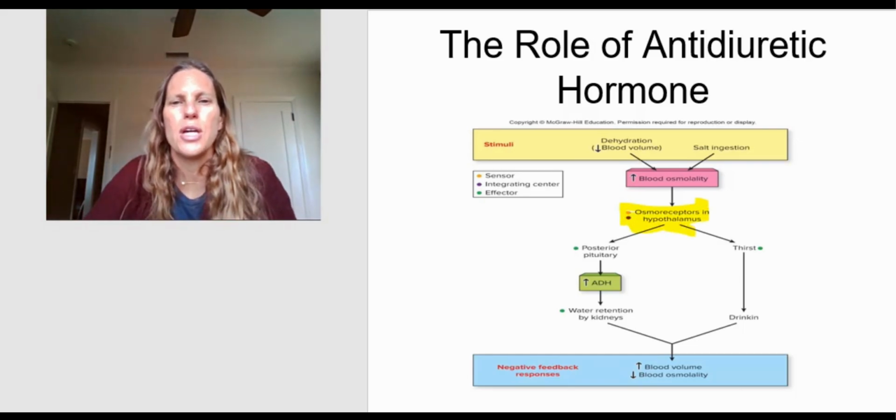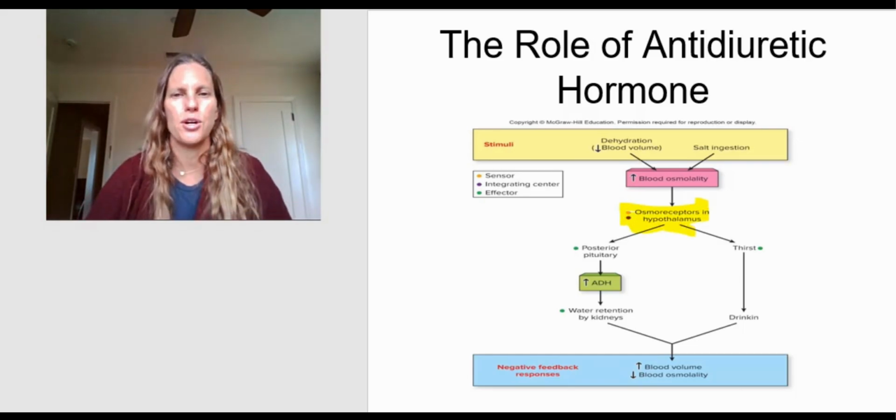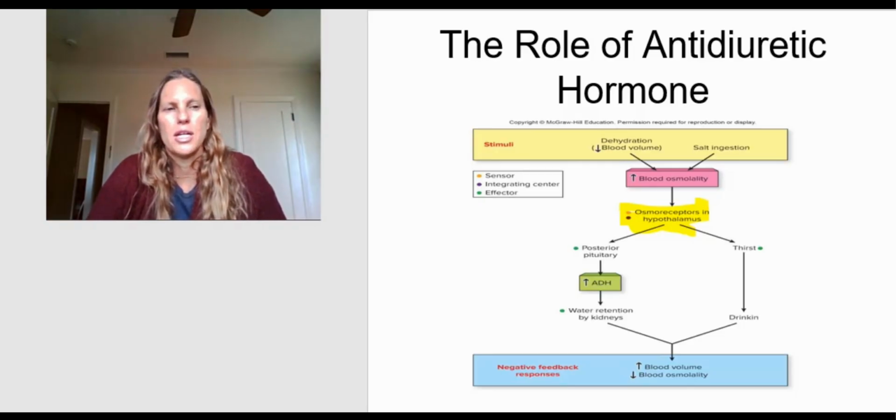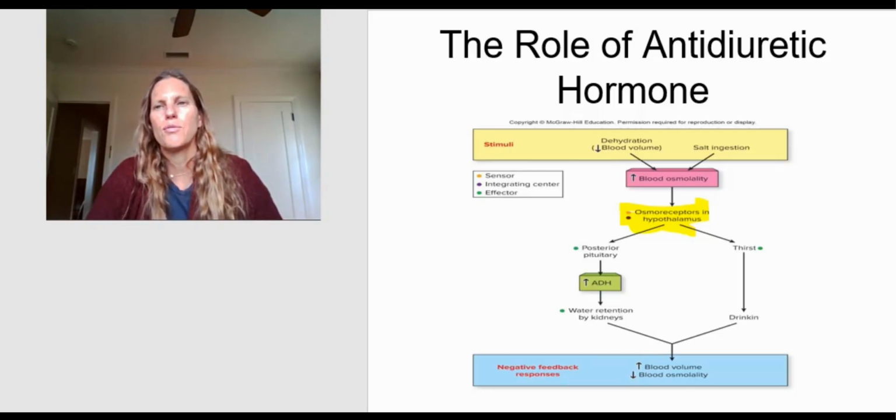So those guys are sensitive to the osmolarity of the blood. Now, the osmolarity of the blood means how concentrated it is, how much stuff is dissolved in the water. So we know that plasma osmolarity can increase or decrease depending on what you're doing. If you're taking in a lot of salt, remember, salt is our major extracellular ion, so it is the biggest player in terms of osmolarity.